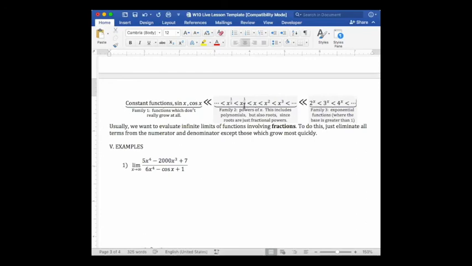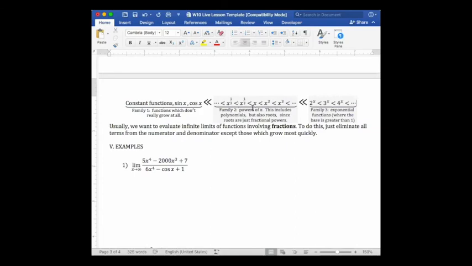And what I want to emphasize is that within this family, we have included not just polynomials like x squared and x to the third, but also root functions like square root of x or third root of x. Because remember that roots are really just fractional powers of x. So square root of x is actually just x to the 1/2. So all those root functions are actually in this family.